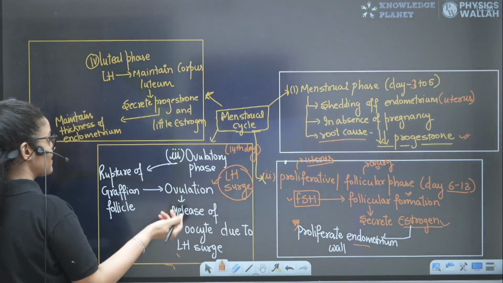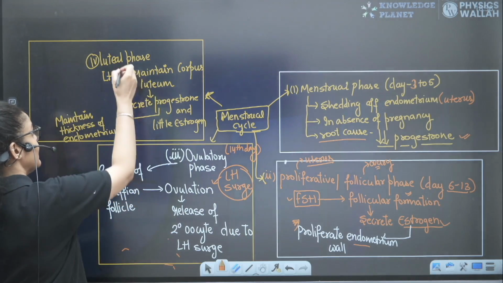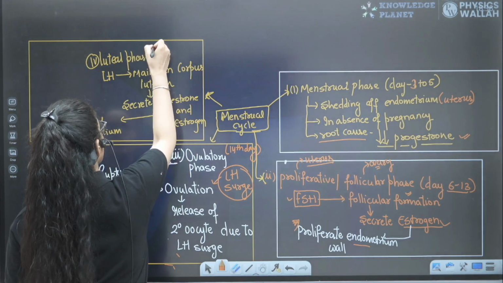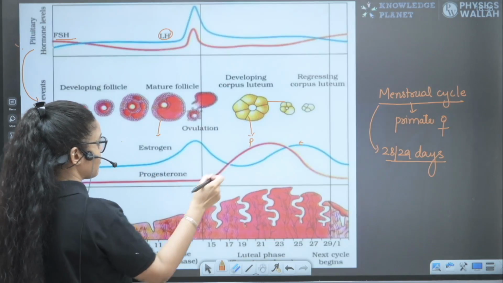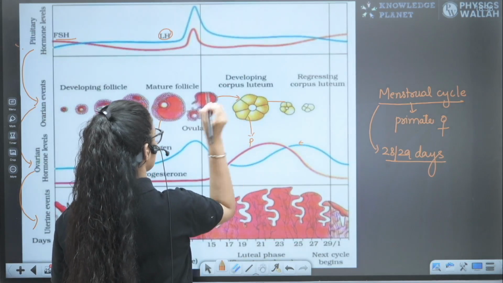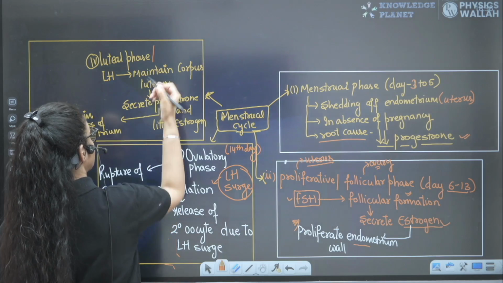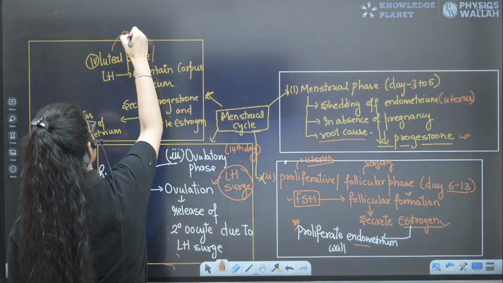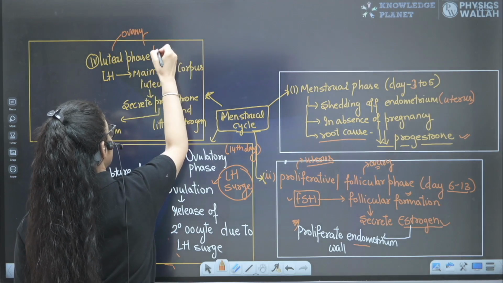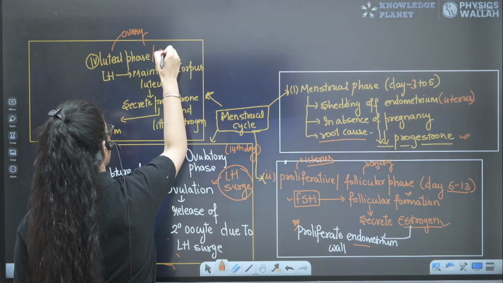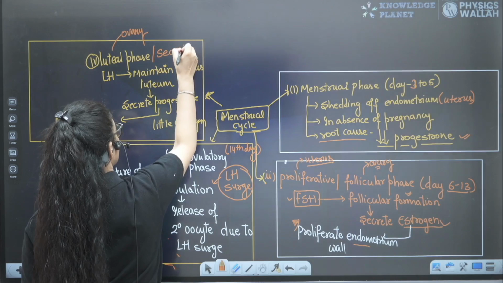And once the egg is released, then in the ovary, the left-out Graafian follicle will convert into corpus luteum, and that's why it is known as the luteal phase. As the luteum is formed in the ovary, at the same time the uterus is secreting nourishment. Why?